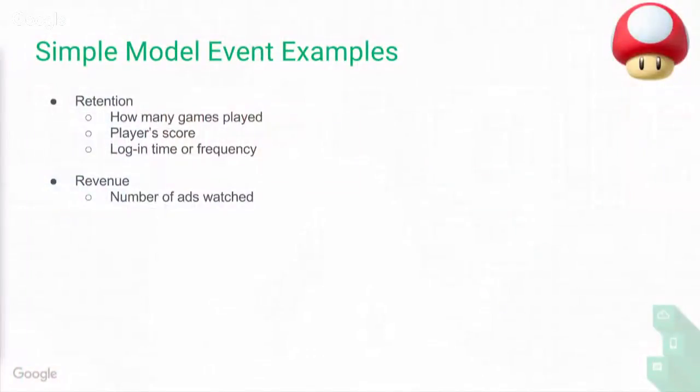When it comes to revenue, because of course these games still need to make money, most of the time, with this very simple model, most of the revenue comes from in-app ads. So for some developers that are able to track this accurately, looking at the number of ads watched and using that as an in-app event to pass back into AdWords to optimize your campaigns could be interesting, because that would be a way to optimize your campaign towards profitable users.